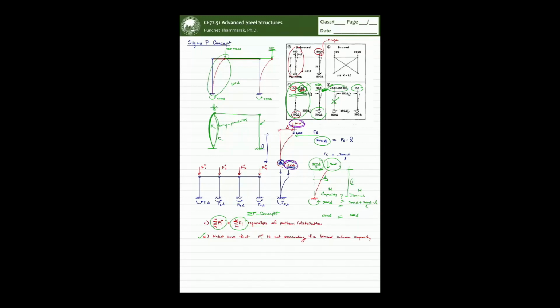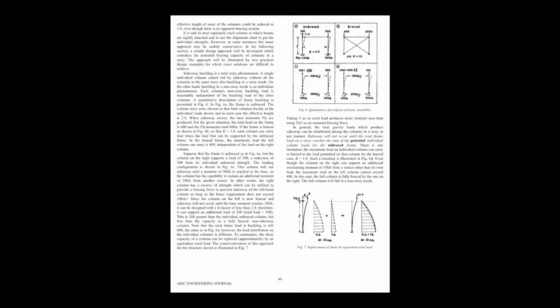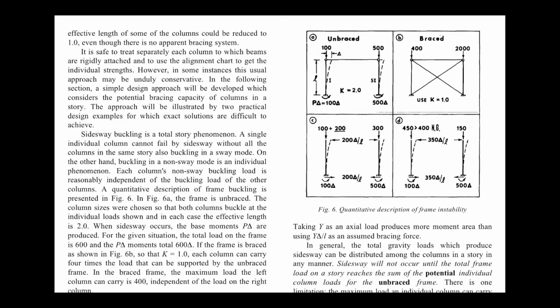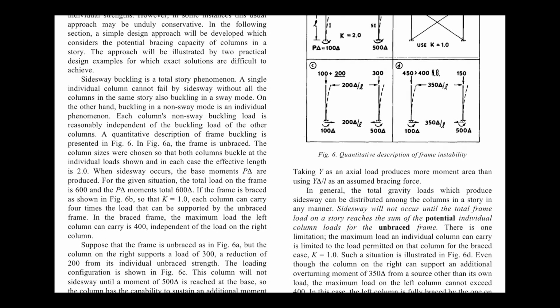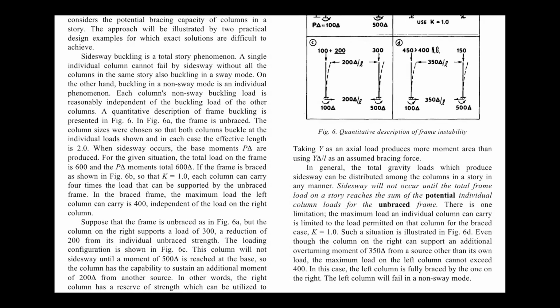So let's go through this quickly if I miss anything in this writing. It is safe to treat separately each column to which beams are rigidly attached and to use the alignment chart. Sideway buckling is a total story phenomenon.